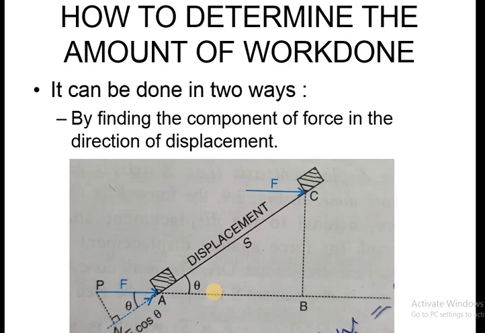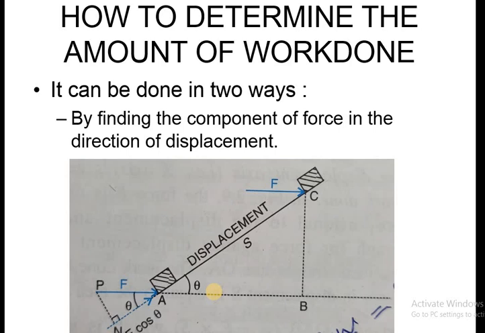If we see the right angle triangle PNA, from here we can say that NA equals PA cos theta, that is F cos theta. So W equals F cos theta into S. From there we can find out the mathematical expression of work done.